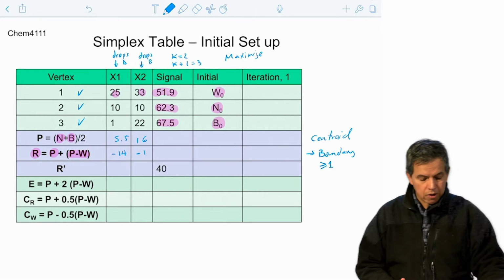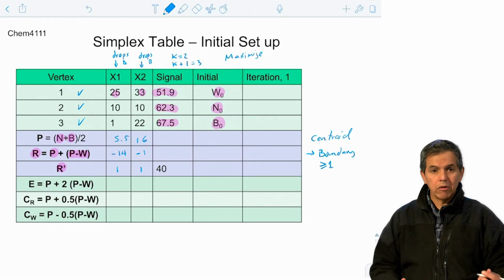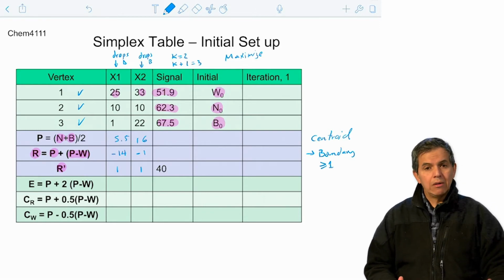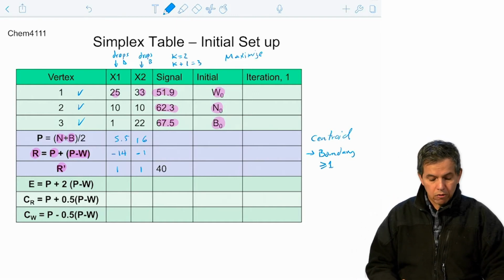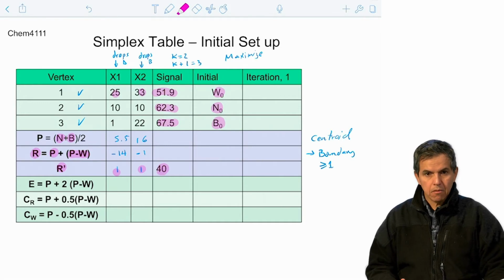So we are going to adjust R to make it R prime, and we are going to take the values as 1. We are rounding up to the boundary condition. So now let's assume that we take a measurement when we use 1 drop of A and 1 drop of B. And we observe a reading of 40.